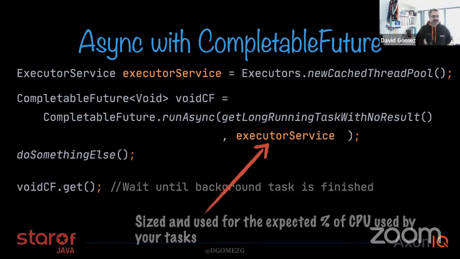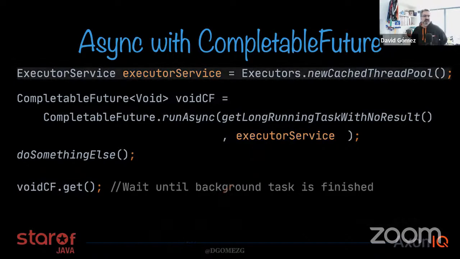So this is the best way to use CompletableFuture, always providing our executor service, because at the same time we can guarantee that our executor service is only used by the CompletableFutures in the places that we want, because only those CompletableFutures for which we have provided the executor service reference are going to use this specific executor service.